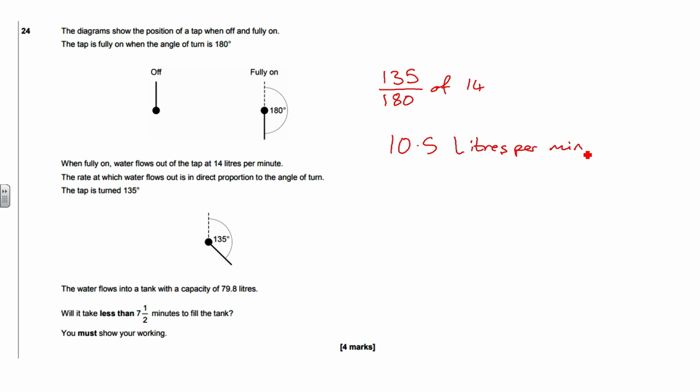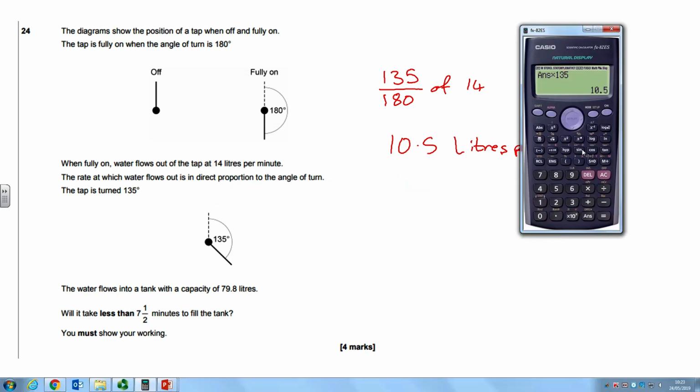Okay. The quick way that I mentioned is to use multiplication. Just say it's 135 over 180, and just multiply that by 14. It'll give us the same answer, look, 10.5 litres per minute.